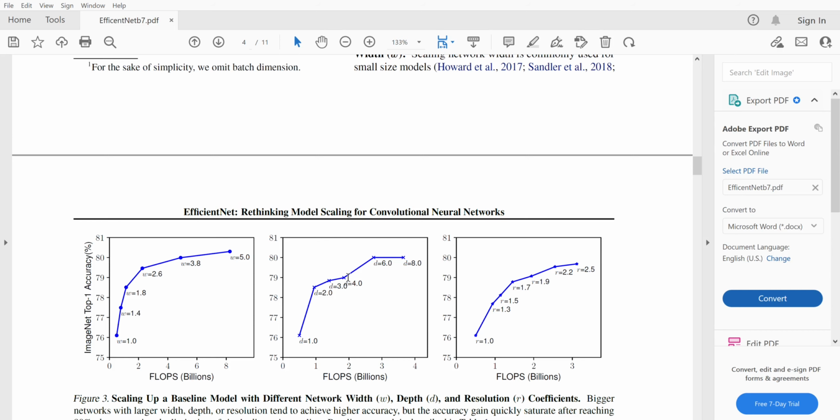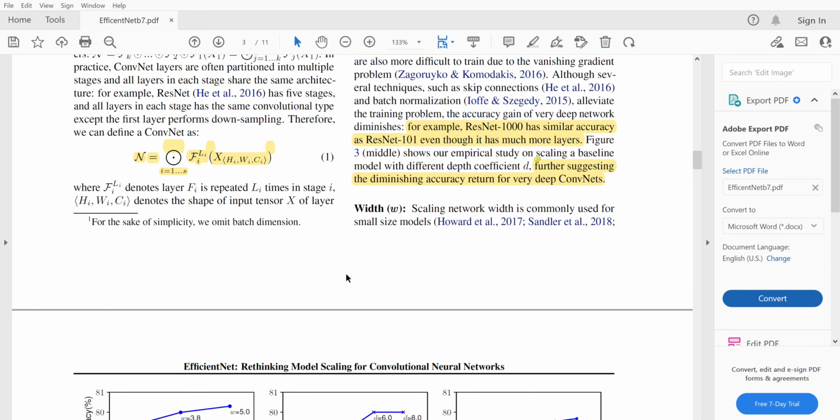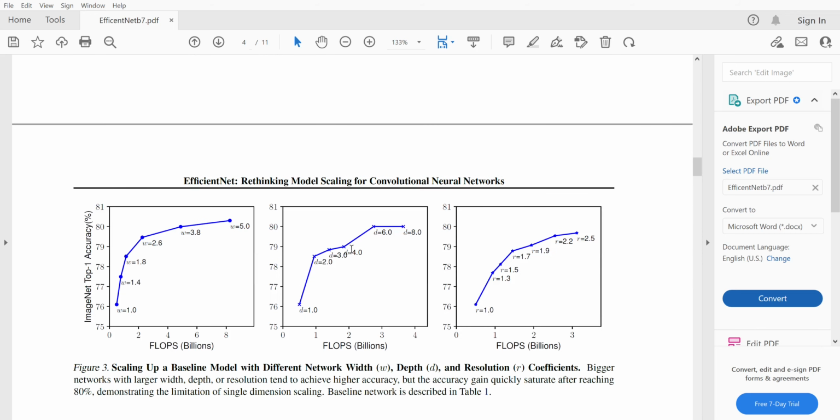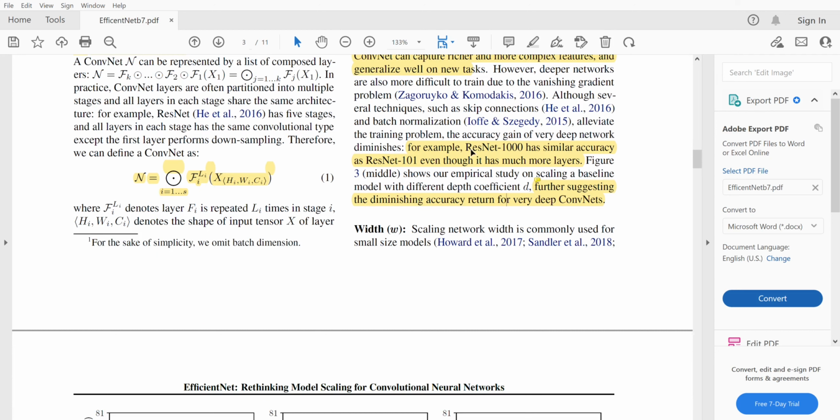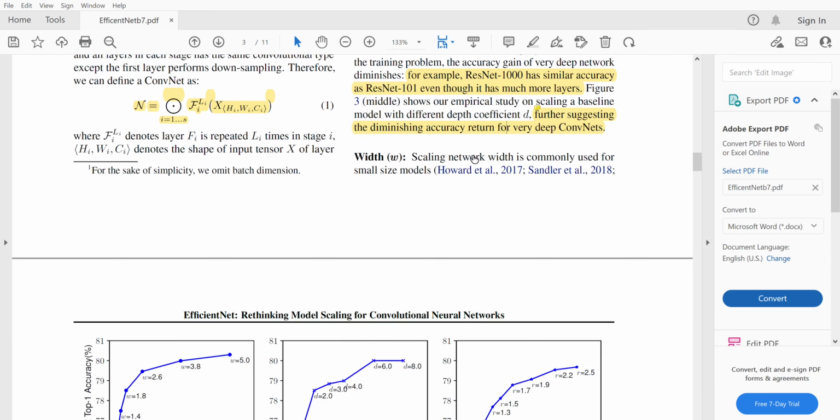When depth was 4, it's much deeper, but accuracy remains the same. But again they get accuracy when the depth was 8, and the FLOPs, floating point operations per second, were costing. Next, again they were emphasizing that only increasing the depth would not be enough to achieve more accuracy.